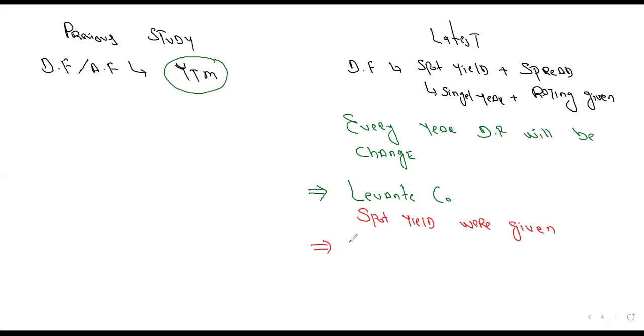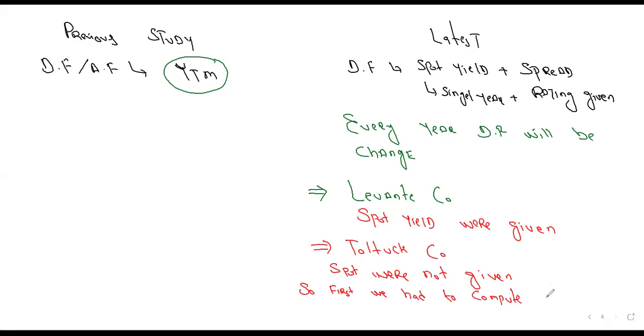Then the examiner tested a question, the Toll Truck company. In this question, spots were not given. So first we had to compute these, and then do the other calculations.